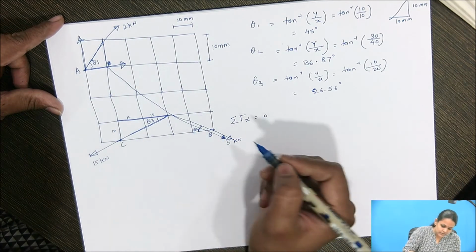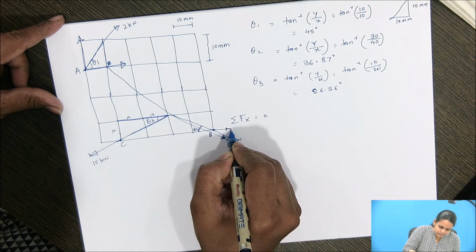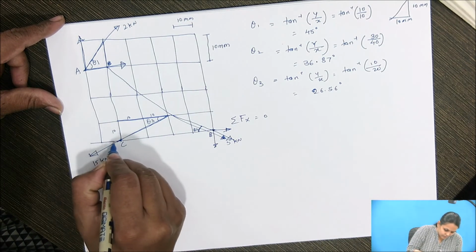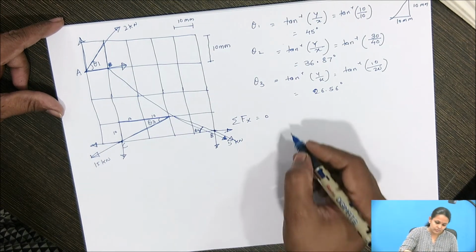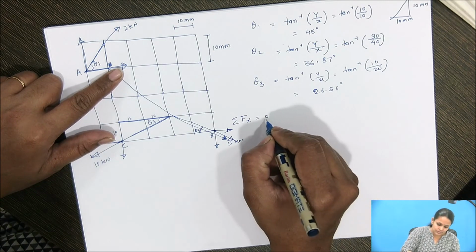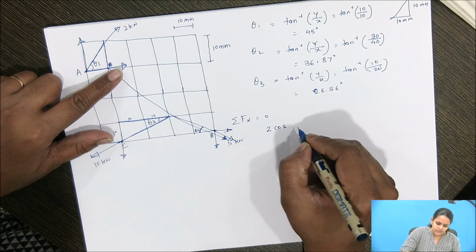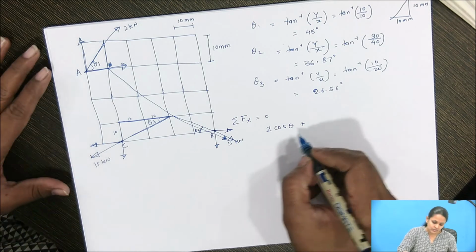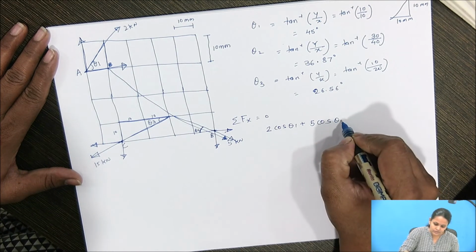So we have to consider the component of all horizontal forces. So the component of this 5 kilonewton forces are like this, and for the third force, that is 15 kilonewton, these are like this. Okay, so first according to the direction, the horizontal component of 2 kilonewton force is positive. So it is 2 cos theta 1 plus, again this 5 kilonewton is also acting towards the right side, it is again positive, cos theta 2.